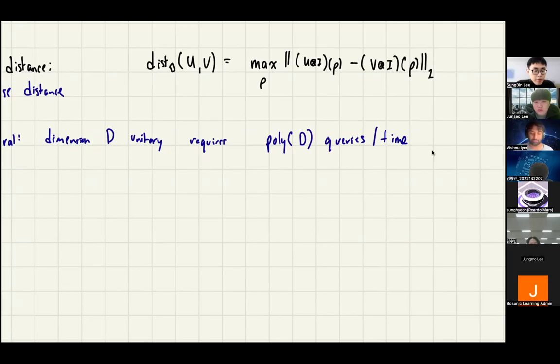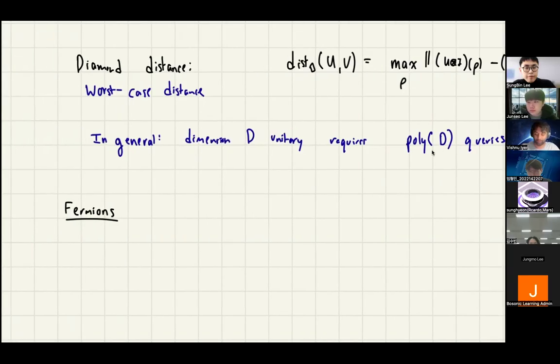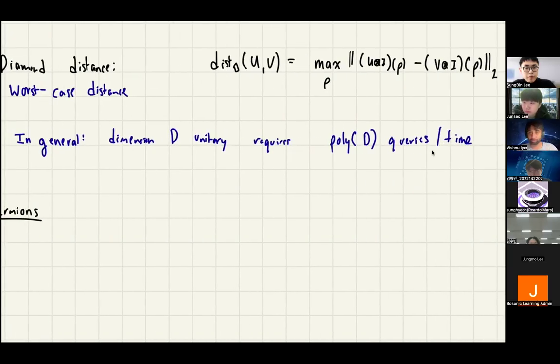You should think of this dimension as being exponential. So if you have n fermionic modes, this is going to be 2 to the n. So you want to do something that's better than this. And so the lesson from a lot of this is that for some special classes of unitaries, we can do better.